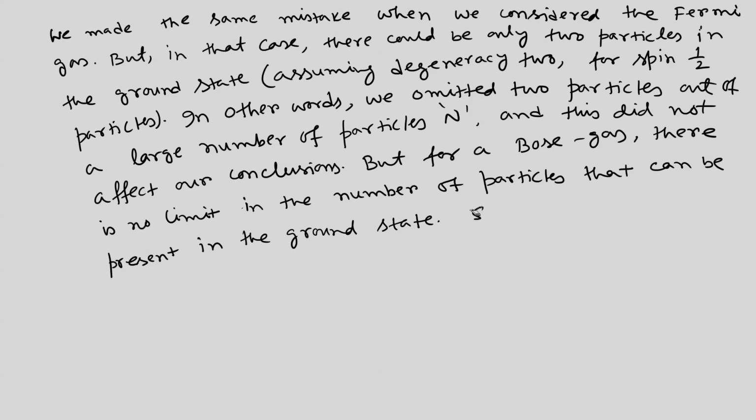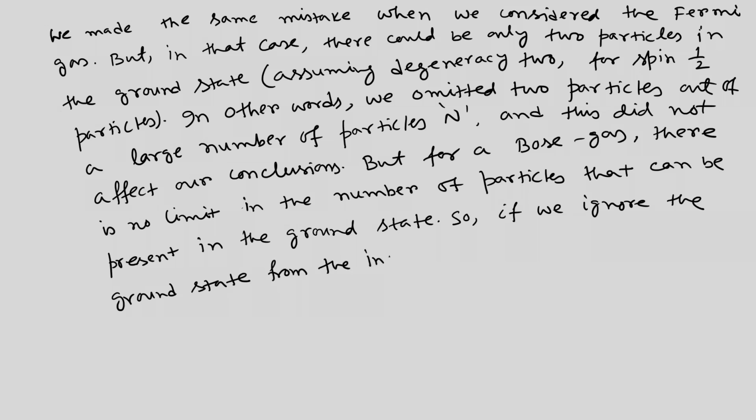So, if we omit or ignore the ground state from the integration, we can make a large error for B distribution.